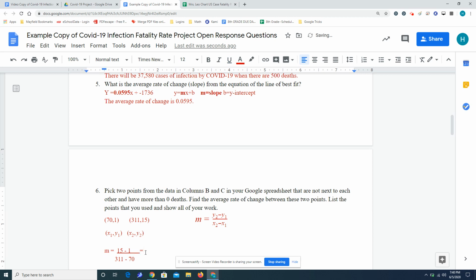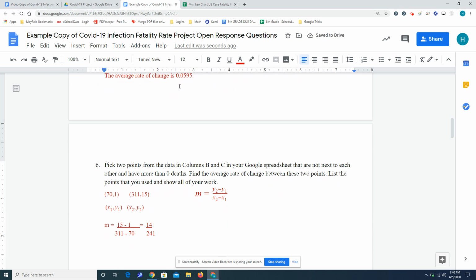That's going to equal 15 minus 1, which is 14. And then 311 minus 70, which is 241. 14 divided by 241, I've got to do that on my calculator.